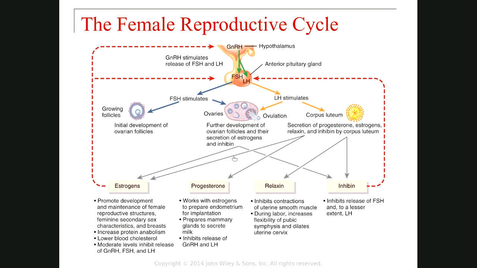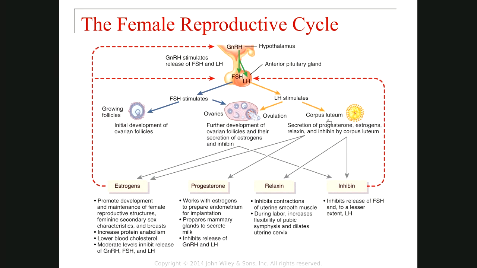LH stimulates the theca follicular cells to produce androgen, and FSH can cause the granulosa cells to convert the androgen to estrogen. At mid-cycle, LH can trigger ovulation, and then it can promote formation of the corpus luteum. This is the reason for the name of luteinizing hormone or LH.